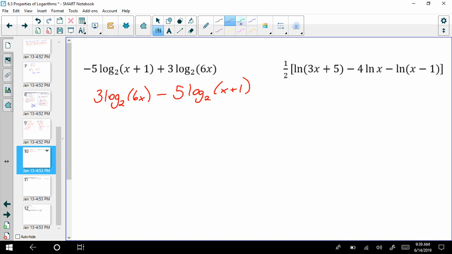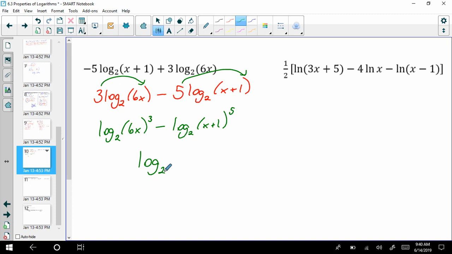Okay, so let's move exponents. And now we are going to condense it into one log. And because there's subtraction, this is going to become division.